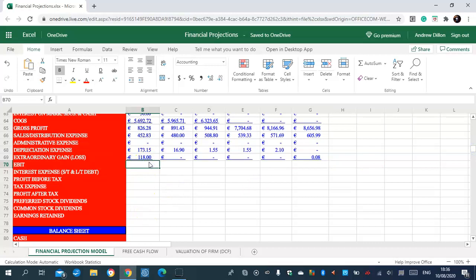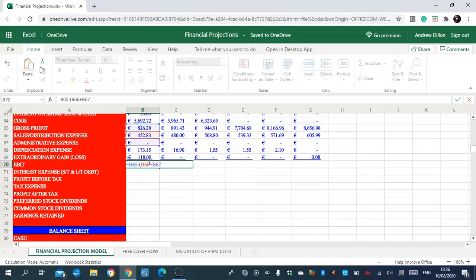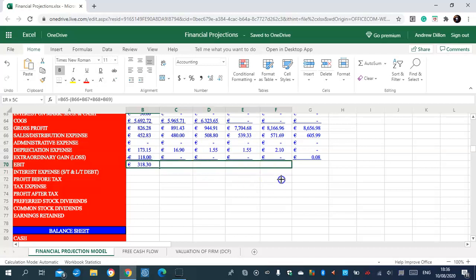Okay, next section is to calculate the EBIT. That's how it goes for the rest of the answers.